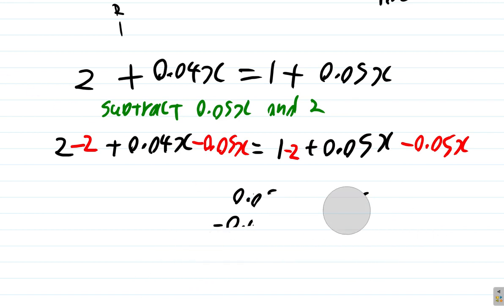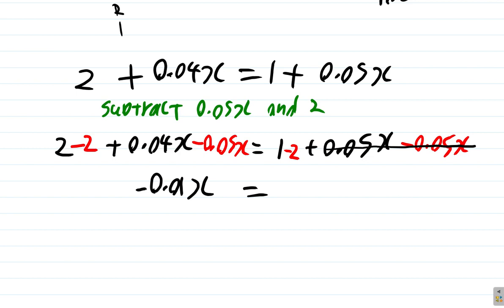It's negative 0.01. So what you have is negative 0.01x equals. Alright, let's see what happens over here. 0.05x minus 0.05x, that is gone. It's 0. 1 minus 2 is what? 1 minus 2 is negative 1. So you have negative 0.01x is equal to negative 1.